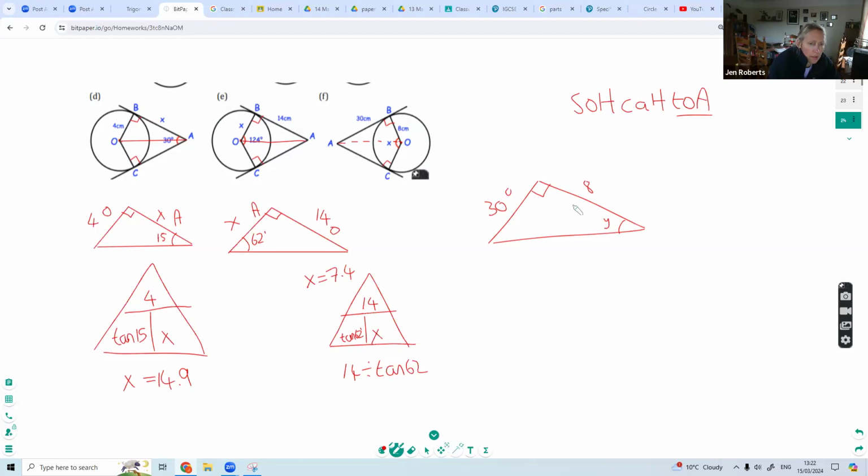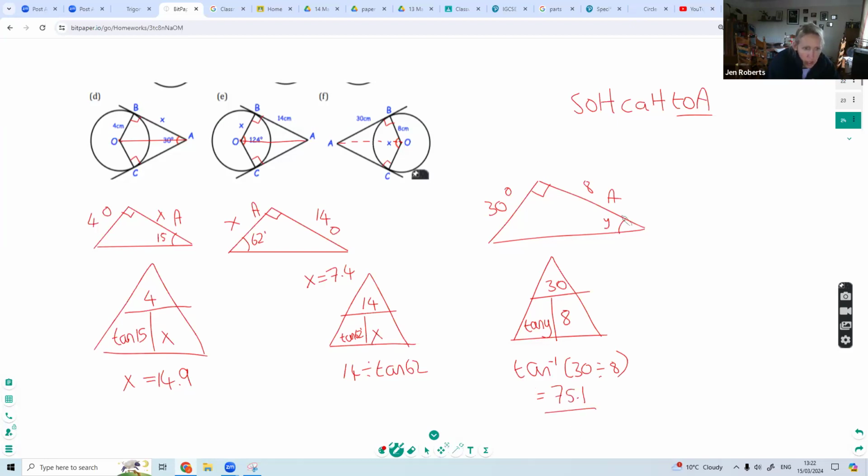We've got our opposite, we've got the adjacent, so it's tan. Tan y. Opposite goes at the top, adjacent goes at the bottom. So I need tan to the minus 1 of 30 divided by 8. Tan to the minus 1 of 30 divided by 8 is 75.1.